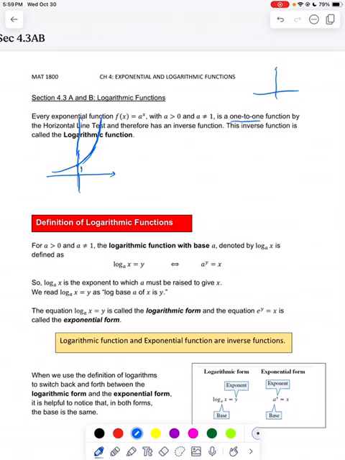If I draw a horizontal line, it will cross the function only once. That's why it is a one-to-one function. The horizontal line test is the test for checking that a function is one-to-one. What does one-to-one mean? It means for one x value, there is one y value, and that y value is only for this x value.